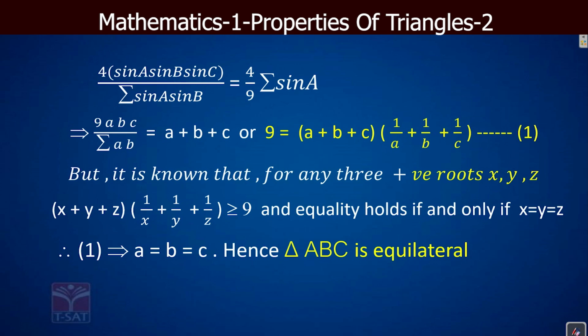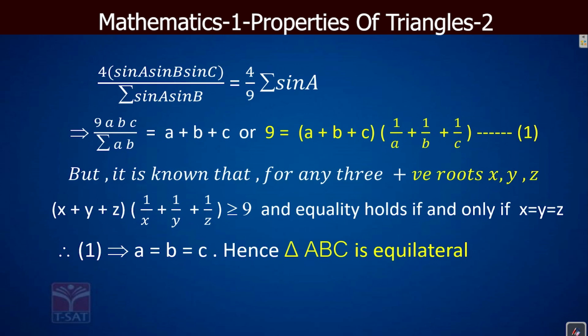Here there are 3 numbers, so it is always greater than or equal to 3 square, which is 9. Equality holds if and only if x = y = z. That means A = B = C. So it shows that triangle ABC is equilateral.